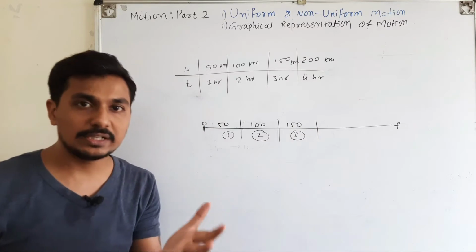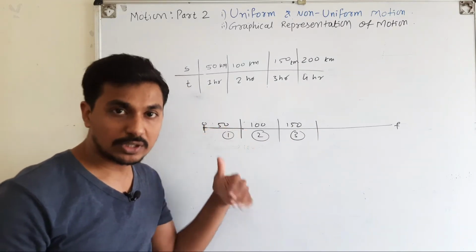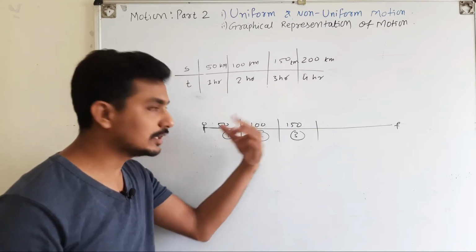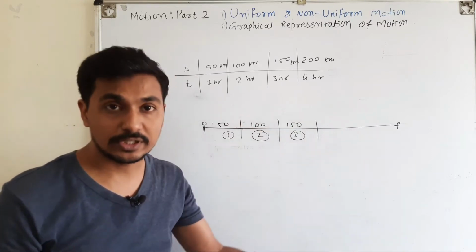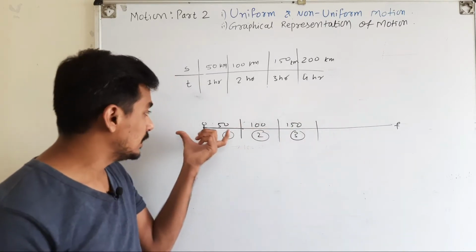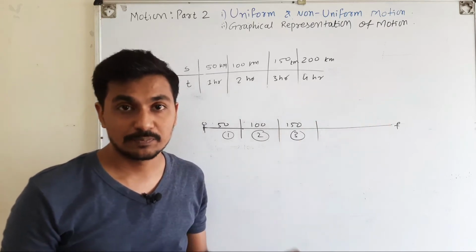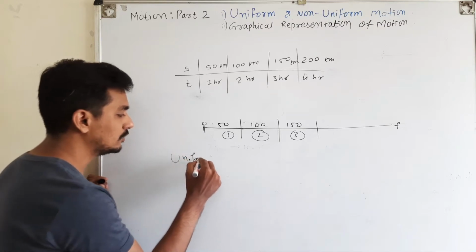For each interval you cover 50 kilometer, for another interval another 50 kilometer, for the third interval another 50 kilometer. So for equal intervals of time you are covering equal distances. This type of motion is said to be uniform motion.